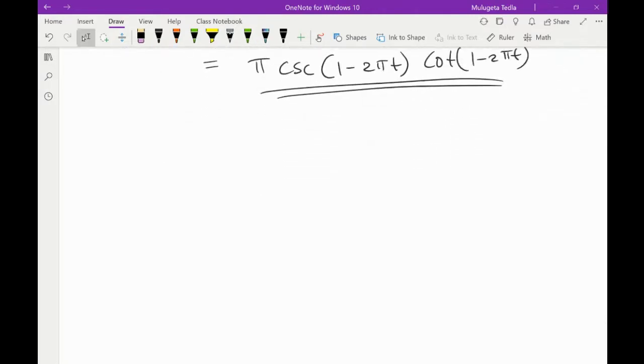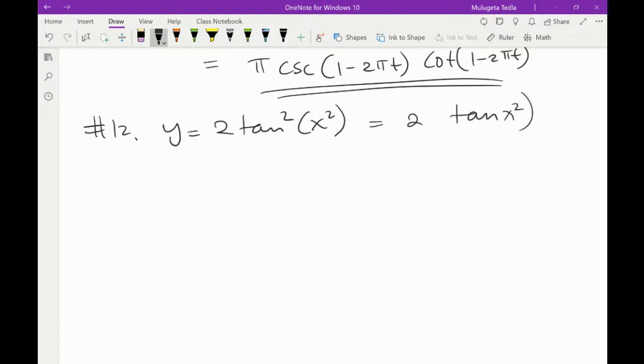Okay, so we basically have finished all the angles, but I want to use chain rule, quotient rule, and product rule. At least one example for each, right? Technically, we're doing chain rule already. So, what is y equal to 2 tan squared of x squared? You might write this as 2 tan of x squared to the power of 2.